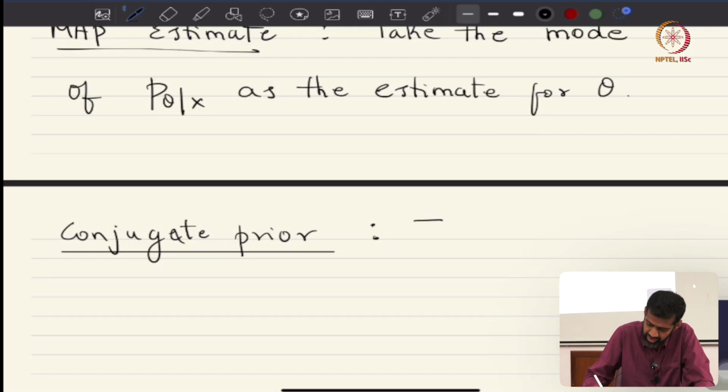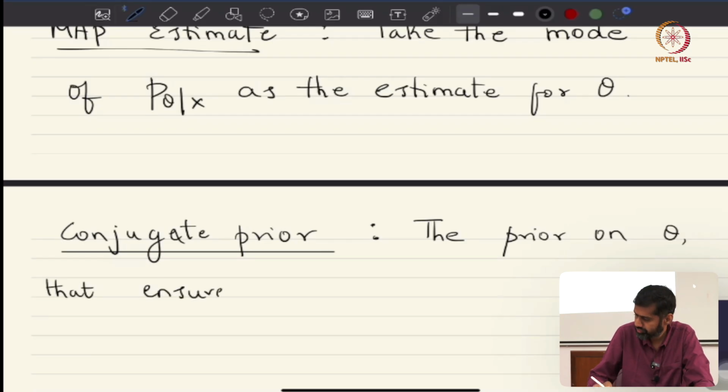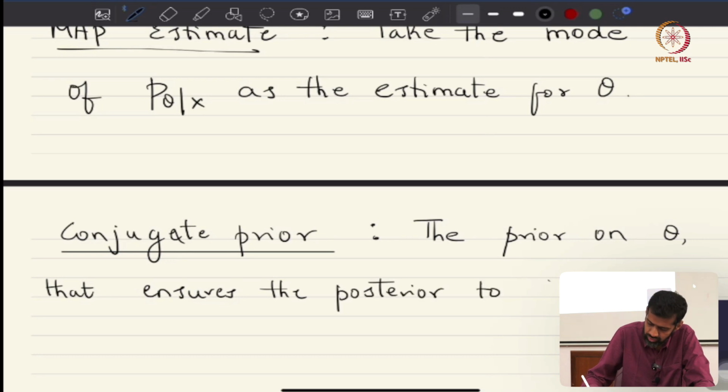The prior on theta that ensures the posterior to have the same distributional form as itself.